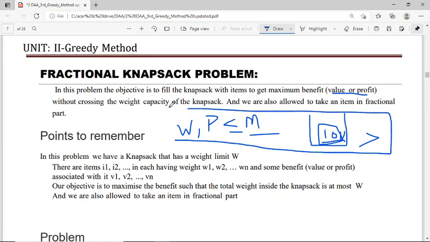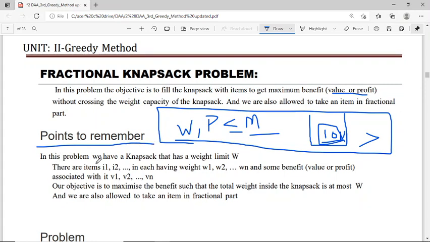So remember one thing: as per the knapsack problem we will have one weight capacity, like 10 kg or 20 kg, whatever it may be. Based on that, you need to fill the items in the bag. This is a point to remember to solve the problem.